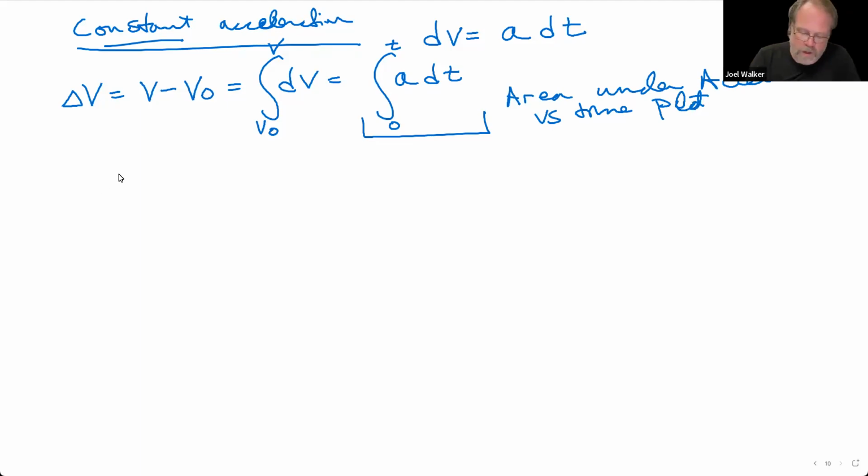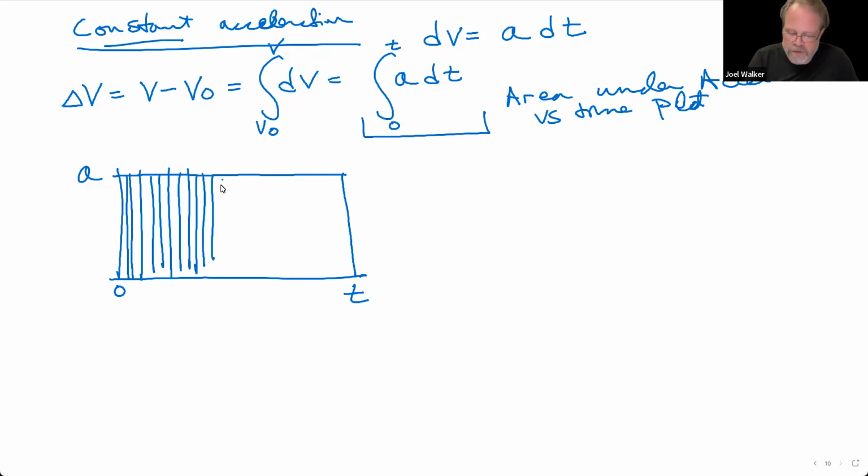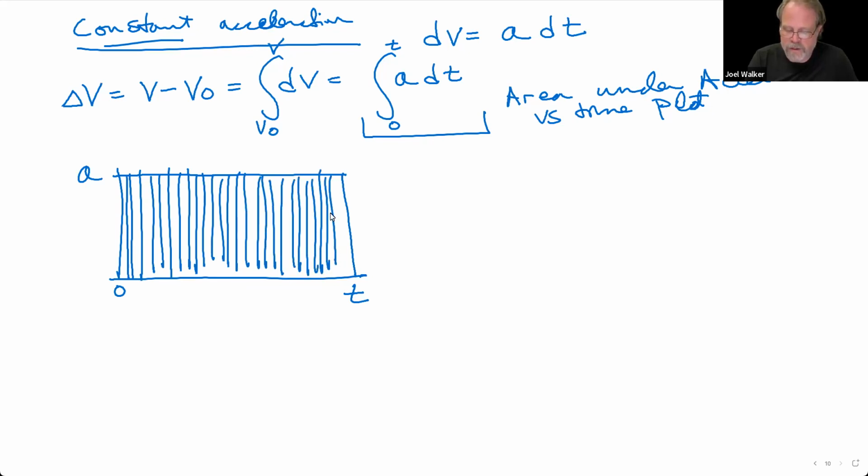Now, what would a constant acceleration look like? Well, it would be acceleration versus time from 0 to time t. If the acceleration were constant, then every little sliver of accumulated time would add a little bit of additional area under the curve until finally we got to the end and the total area under the curve had been added up from one side to the other.